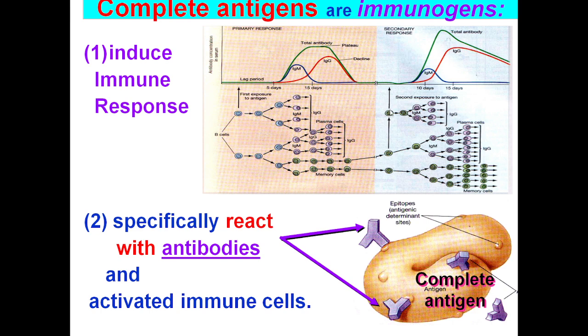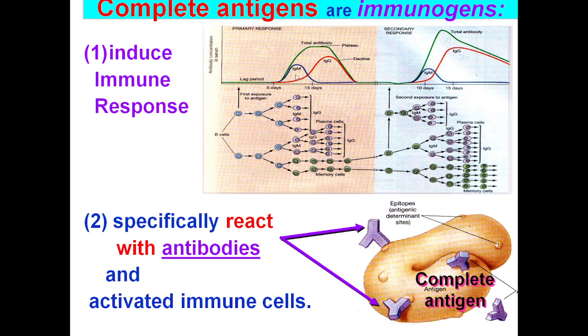These memory cells recognize the antigen, and after that they switch on to replication. They proliferate and also produce a population of early plasma cells that produce immunoglobulin M.